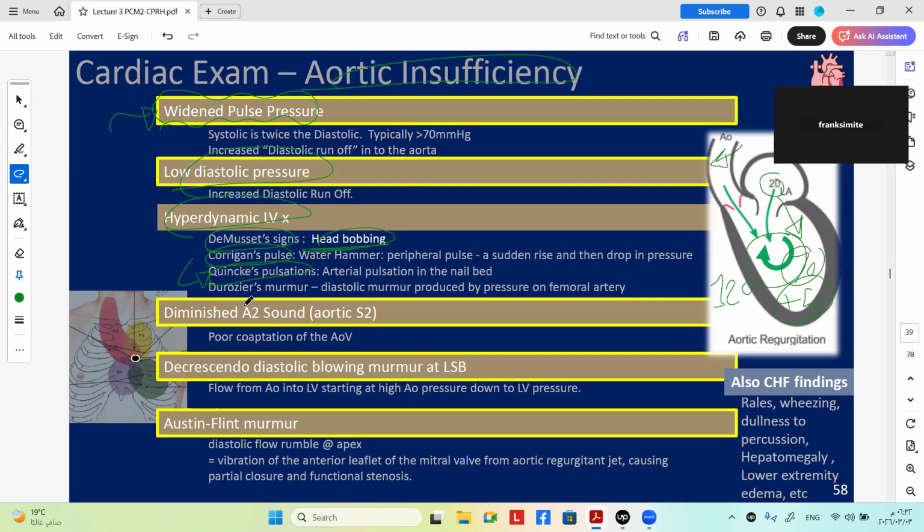Thank you. You're welcome. There's also Duroziez's sign, a murmur. It's a diastolic murmur produced by pressure on the femoral artery. When I put my stethoscope on the femoral artery and press, normally I would hear a systolic murmur.